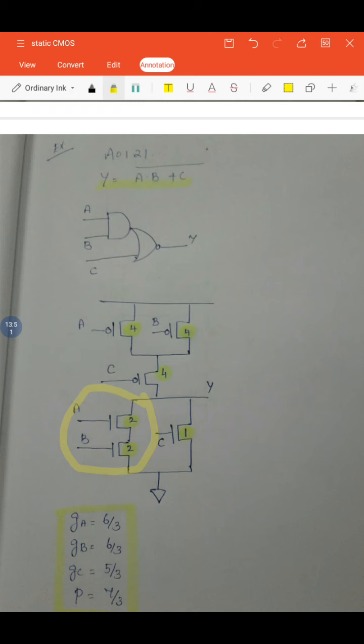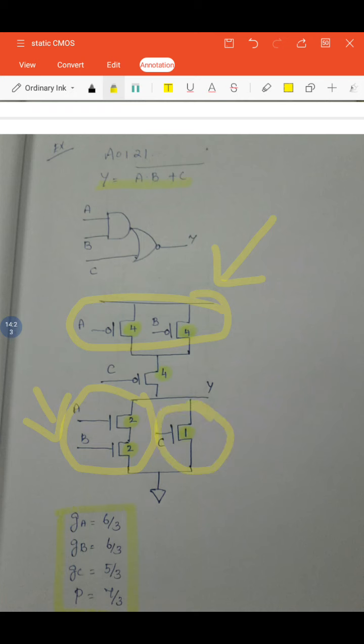In the pull up network, what we have to do is just invert the connections. If you connected A and B in series in the pull down network, just connect the two PMOS in parallel in the pull up network. You can notice A and B were in series in the pull down network, and the same thing I am now drawing as parallel in the pull up network. And earlier C was connected parallel with AB.